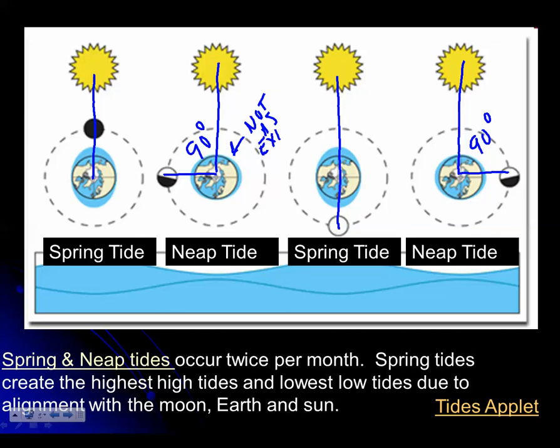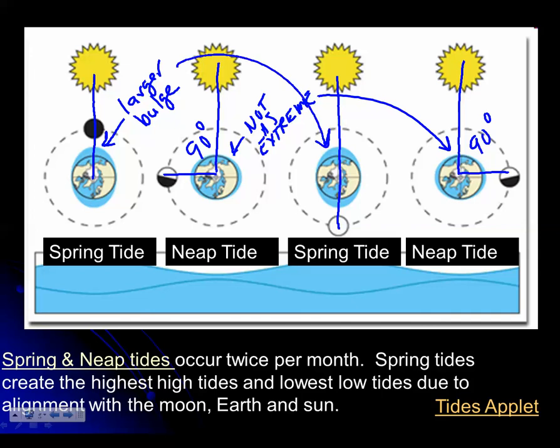And that's what we saw in that New York City graph during first and third quarters. Not as extreme. But at new moon and full moon, we have a much larger bulge. And that's because the gravitational attraction of both the sun and the moon are in alignment.